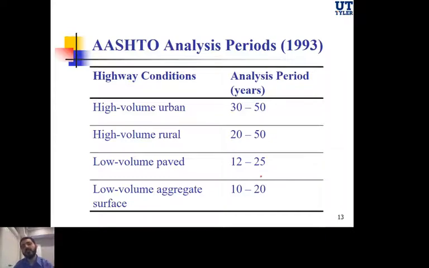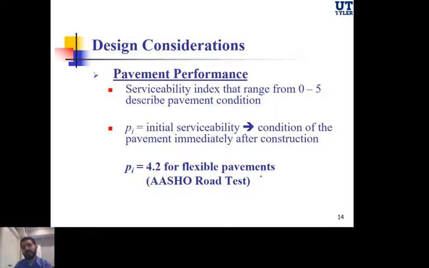For high volume rural road, it can be as low as 20 and it can go all the way to 50 years. For low volume paved roads, the standards are less, and typically we design them somewhere between 12 to 25 years. And for low volume aggregate surface, they range from 10 to 20 years.